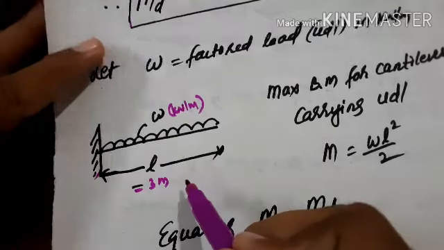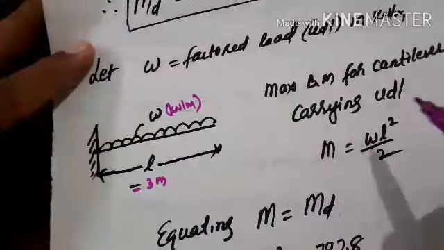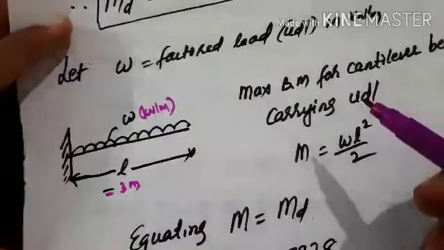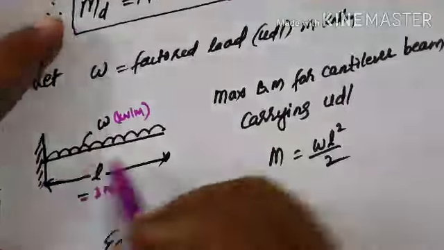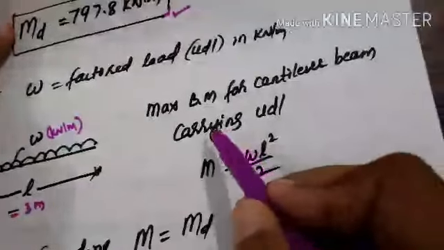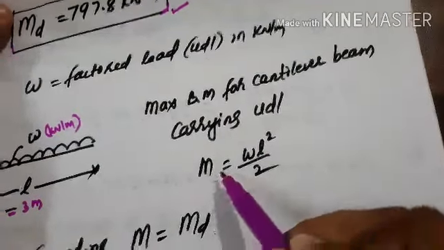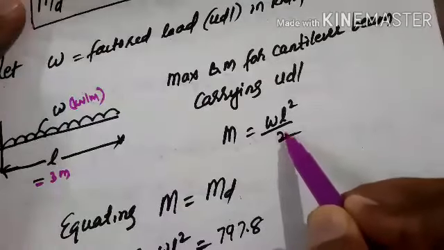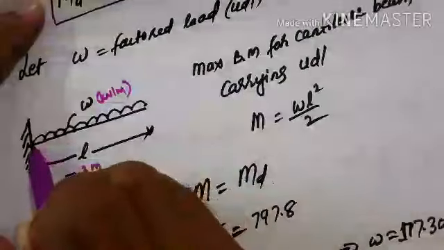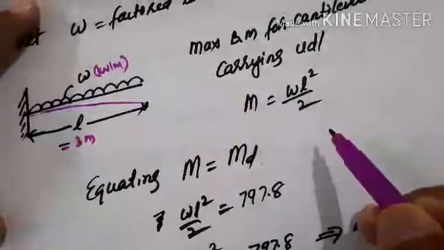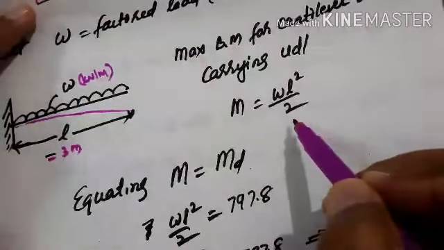And as you know, from strength of materials, the maximum bending moment for a cantilever beam carrying a UDL is M equal to WL square by 2. So the maximum bending moment, we know this one, WL square by 2.